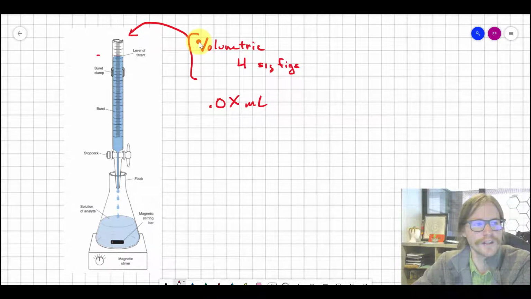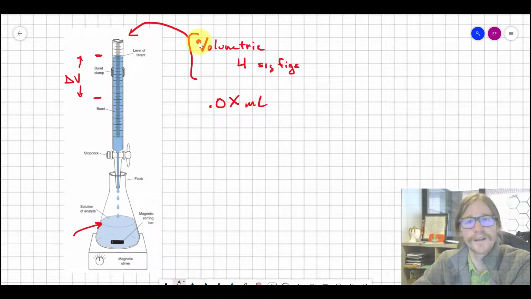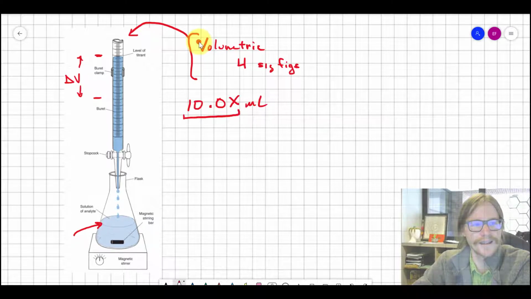So if you have an initial volume and a final volume, that difference, the delta V, is what we're interested in measuring, because that difference in volume is typically proportional to the concentration of some unknown that you're titrating. As long as that delta V is greater than 10, you can see that you will get 4 significant digits.